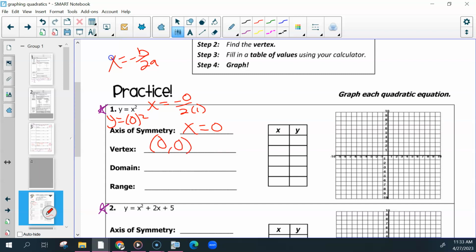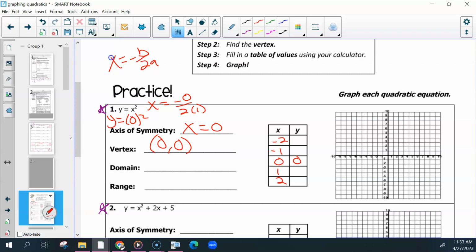Also 0. So we have our vertex (0, 0). We're going to take that point and put it in the middle of the table. And you're going to fill in your x values. You're going to go backwards and forwards. So backwards, -1, -2, forwards, 1, 2.